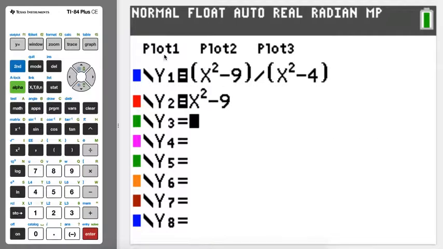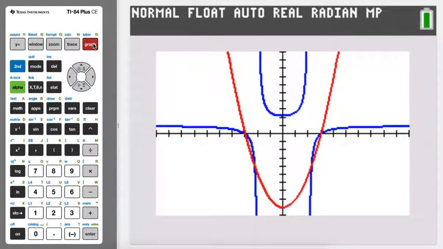So we've got that entered. Go back to your graph. And if you notice here, the x-intercepts of the graph of just the numerator are exactly the same as the x-intercepts of the actual function, right? Based on the equation, you can probably tell that's positive and negative 3.